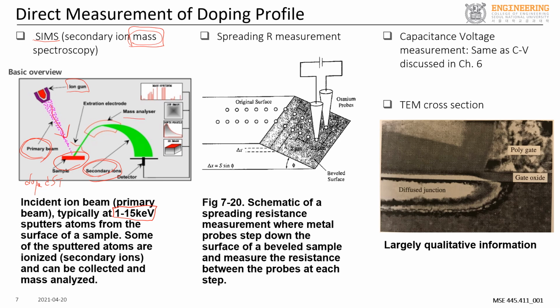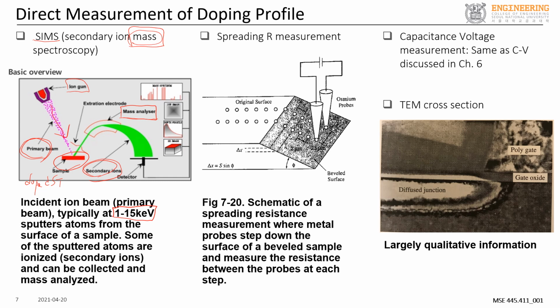You can use some kind of mass analyzer, because if their mass is different, for a given force, their radius will be different. Then using the detector, you can count the number of dopants per number of silicons. So that will give you the concentration of dopants.